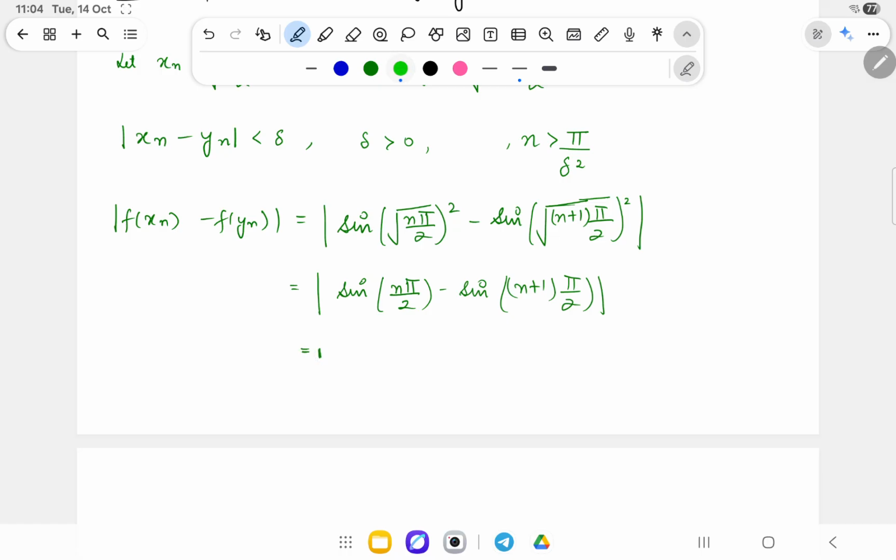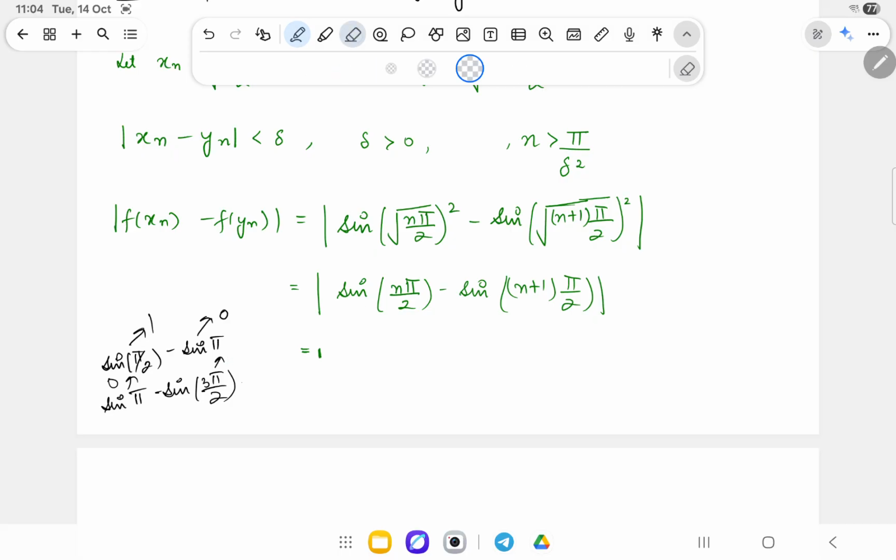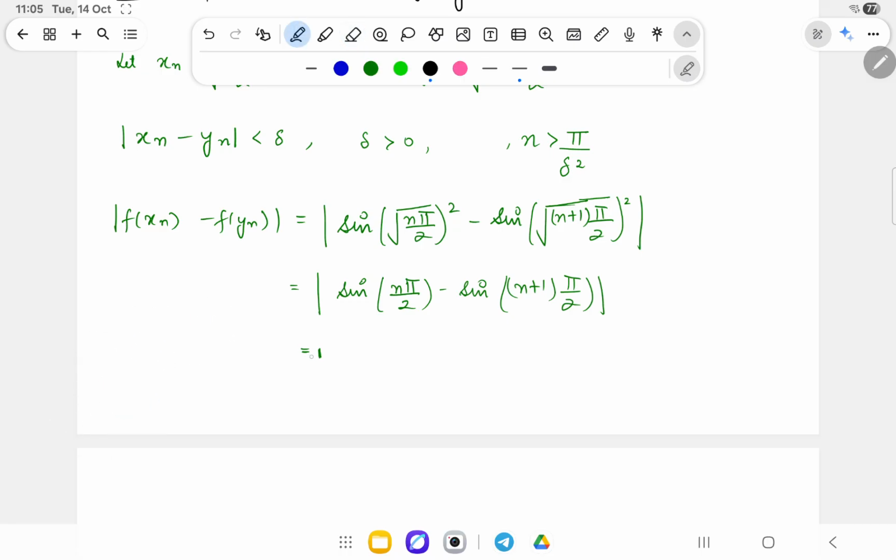For example, if I choose n to be 1, it will be sin(pi by 2) minus sin(pi), where this value is 1 and this is 0. Likewise if I take n to be 2, it will be sin(pi) minus sin(3 pi by 2). Again this value is 0 and this value is minus 1, so again its modulus turns out to be 1. So in every case the difference turns out to be 1.